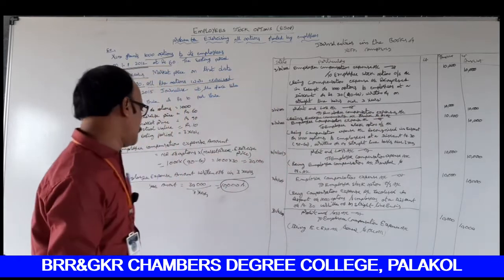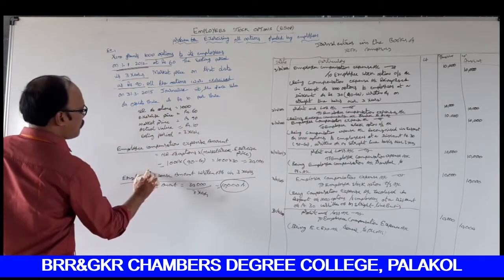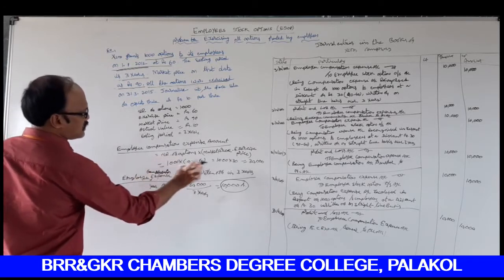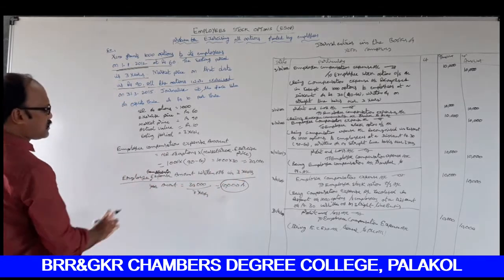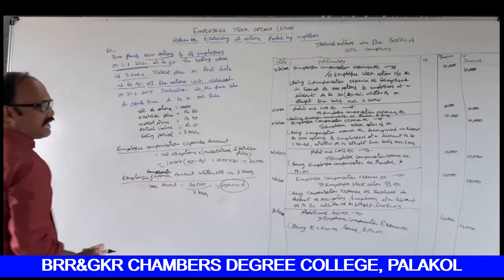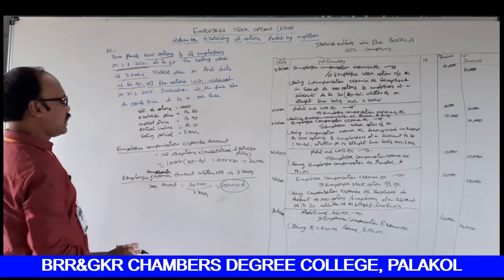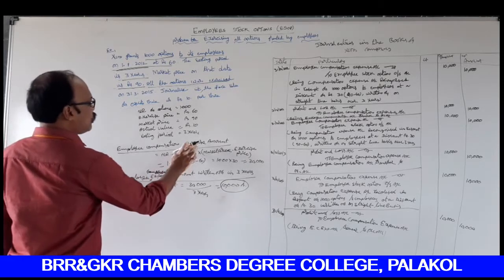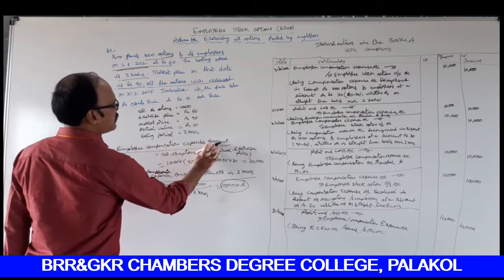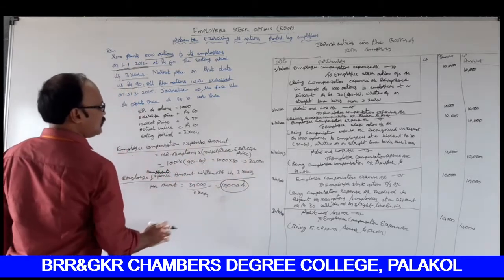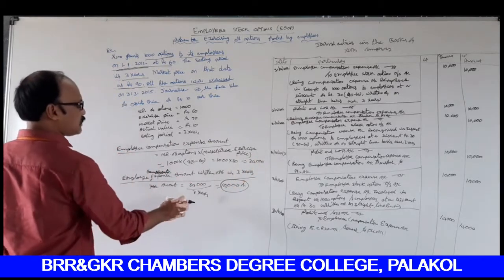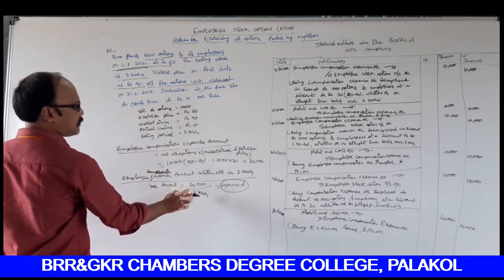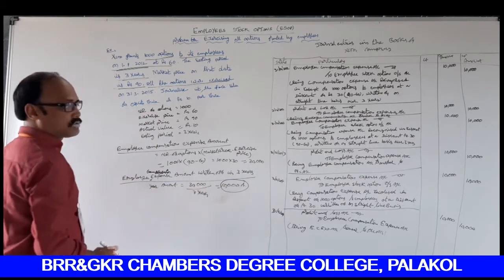Once again, this employee compensation expense amount of 30,000 rupees must be written off every year on the basis of vesting period in straight line method, so yearly 30,000 by 3 years is equal to 10,000 rupees.